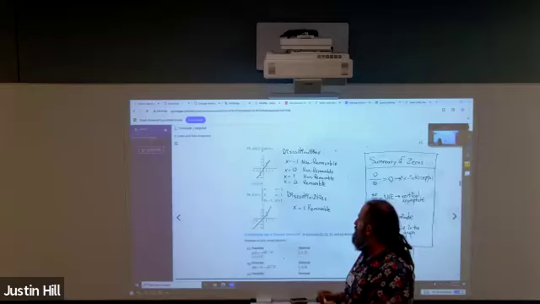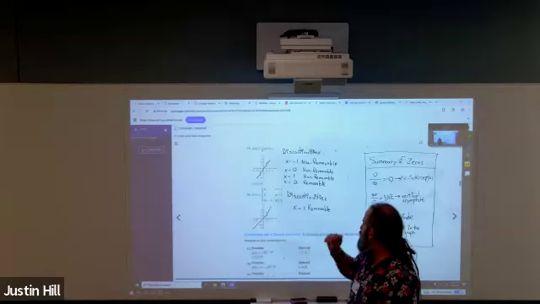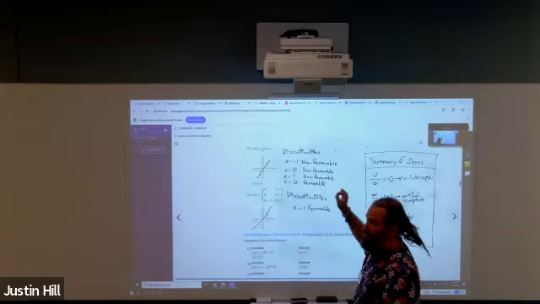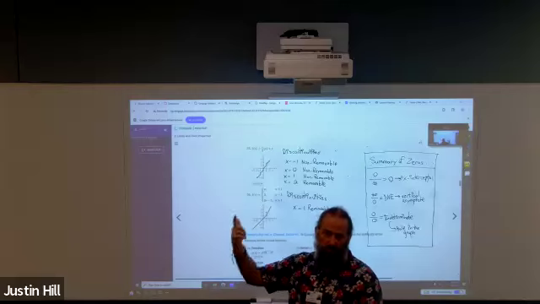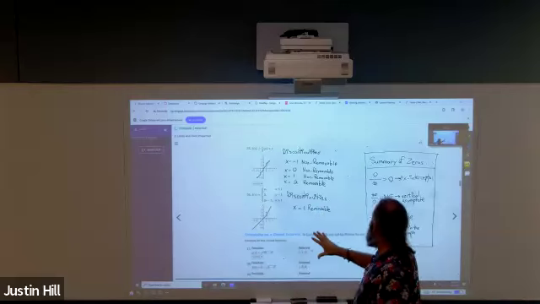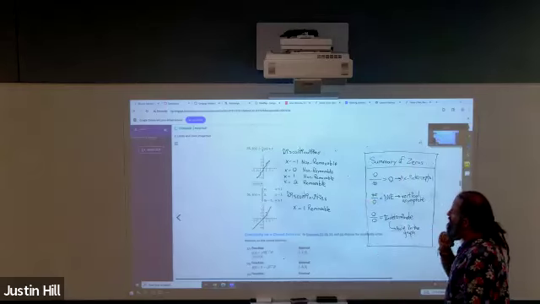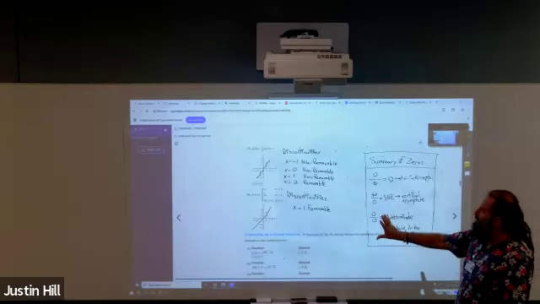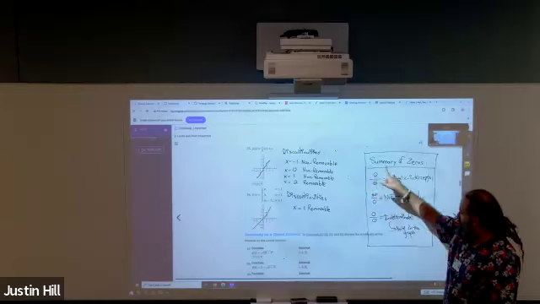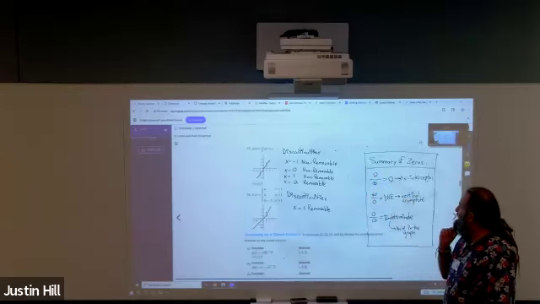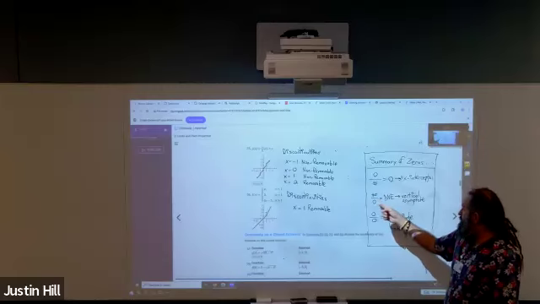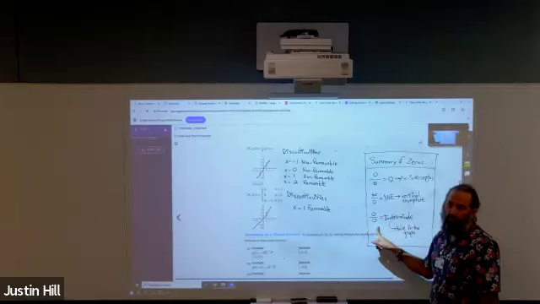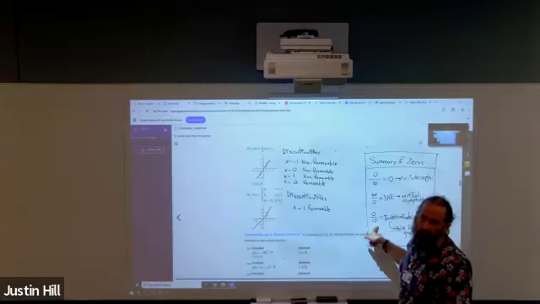A related issue that they're going to ask you about in 2.5, I believe, so we'll go there. In general, they're going to want you to be able to identify discontinuities, where they are, and whether they're removable or non-removable. But a related issue, going back to the summary of zeros that I told you about: once you identify these discontinuities, if the discontinuity is caused by one of these zero conditions, then I should be able to identify whether it's a vertical asymptote or a hole in the graph, which for a rational function means it's a removable discontinuity.